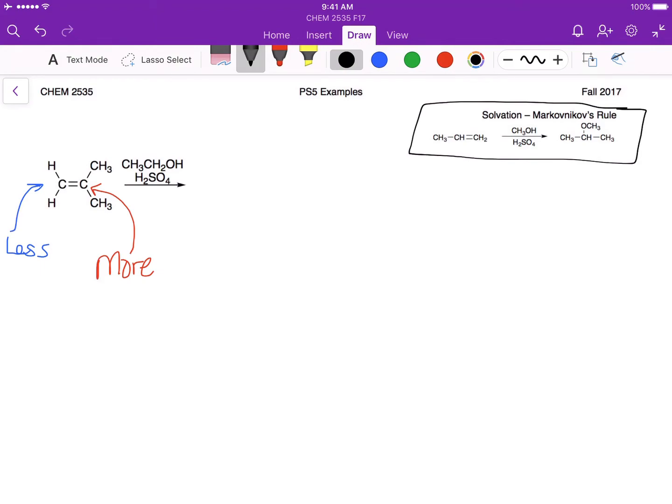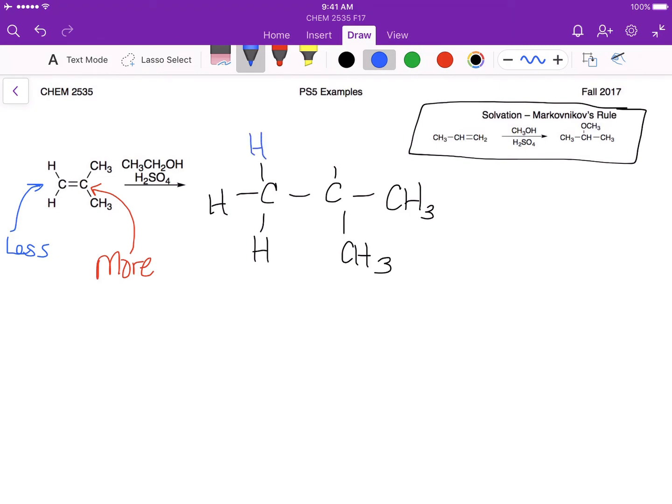So when we draw this out, keeping the same carbon skeleton, the electrophile adds to the least substituted carbon, which is this one, right, as we identified. And the nucleophile is going to add to the more substituted carbon, which is that one.